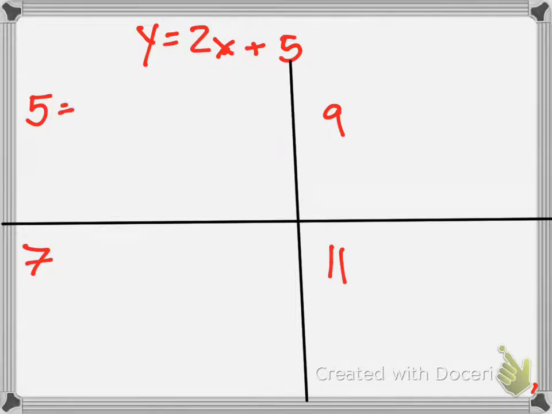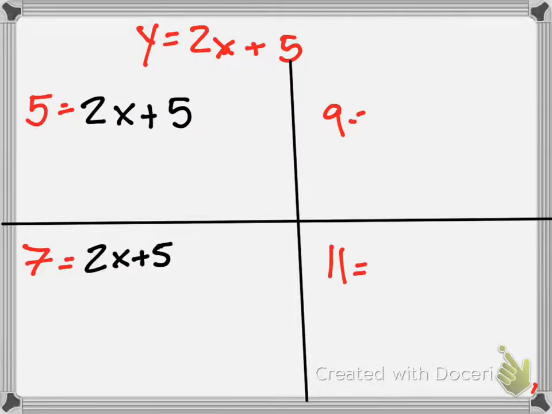Because this is y equals when y is 5, when y is 7, when y is 9, and when y is 11. So each problem is going to still have that 2x plus 5, because the only thing that we changed is the y. Let's do the first one together.